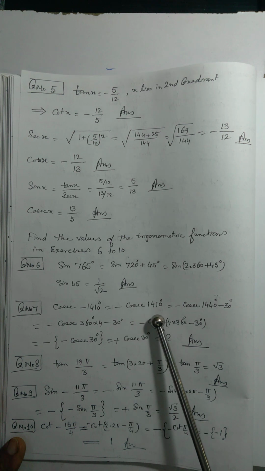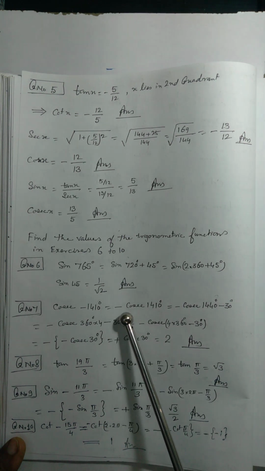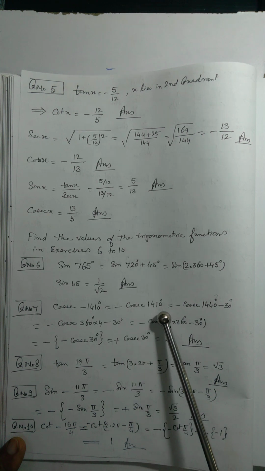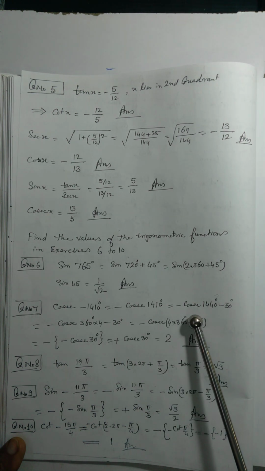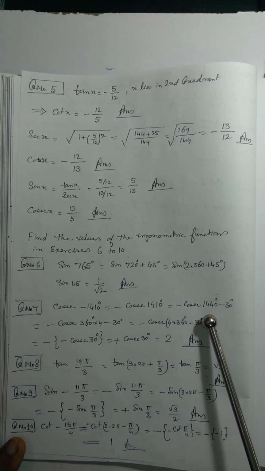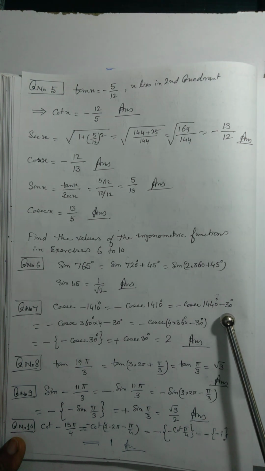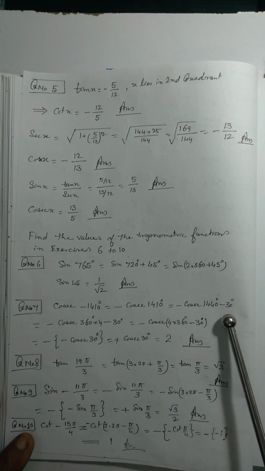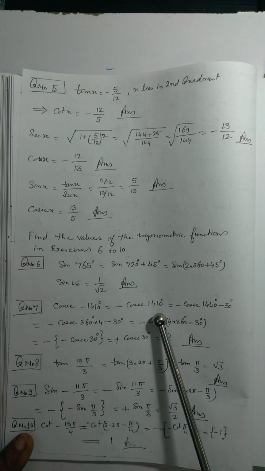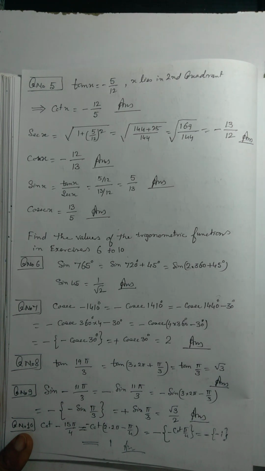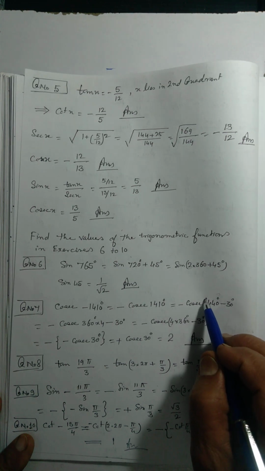So I have written it like this, minus outside, cosec 1410, and it will be further written like this, 1440 minus 30. देखिए 1440 में से 30 माइनस करेंगे तो क्या मिलेगा, 1410. So once we can write it like this and we can apply the formula.